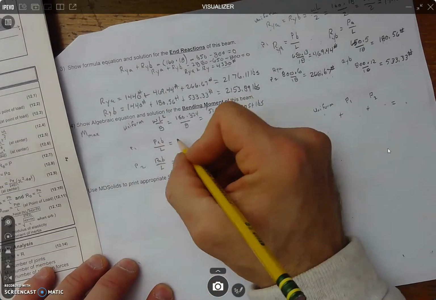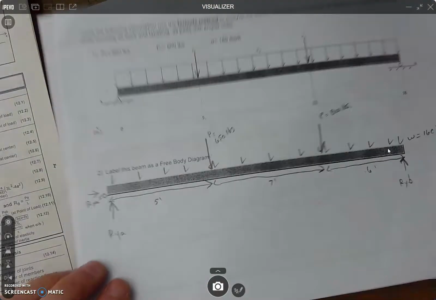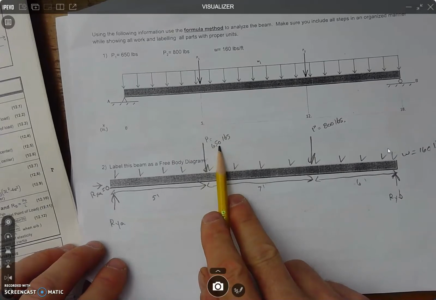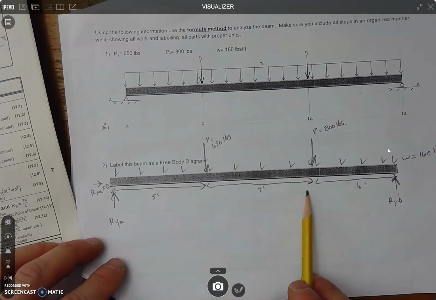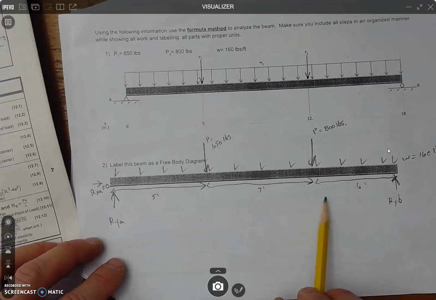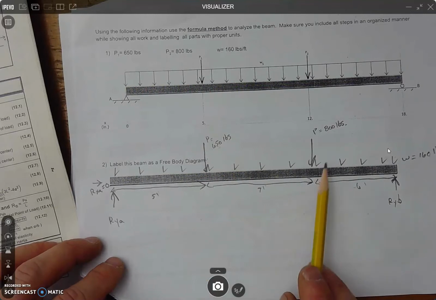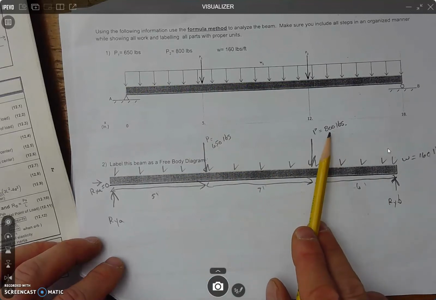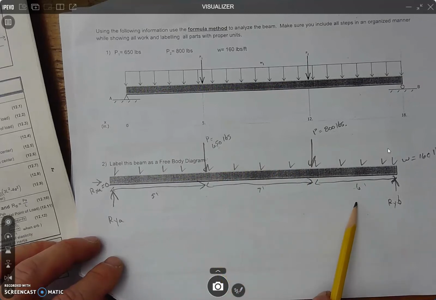Our P for the first load is 650 pounds. Our A is 5, and our B is 13, because 7 plus 6 is 13. For the second one, our P is 800, our A is 12, and our B is 6.